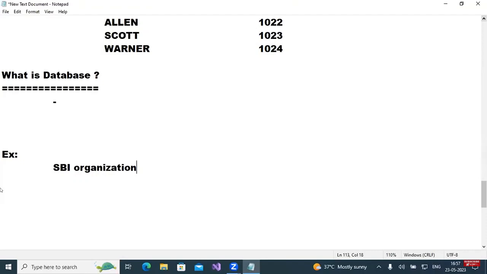SBI organization. Why not bank? Why not company? That means company and organization are not the same. What is the difference? Why do we call X a company? Company means what? Tell me.